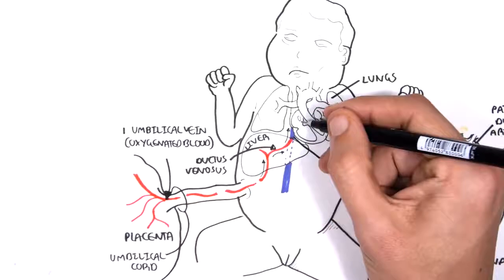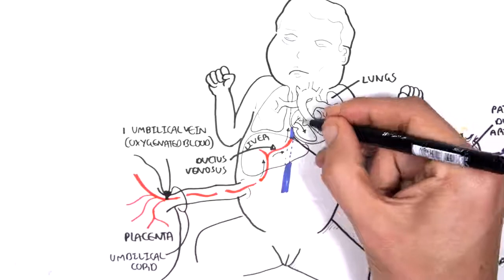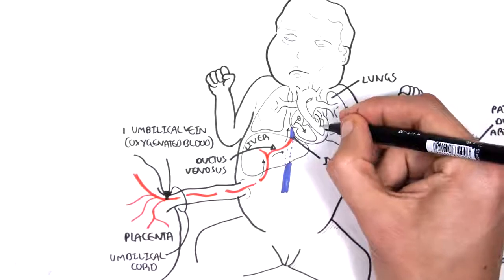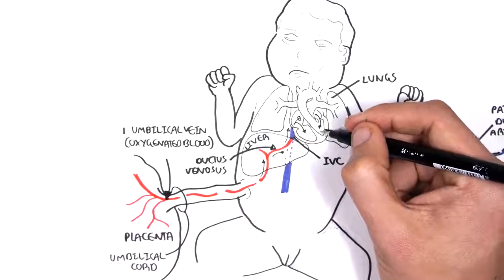The inferior vena cava that is about to enter the right side of the fetal heart now will contain partly oxygenated blood and partly deoxygenated blood. And so this blood will enter the right atrium and then either go into the right ventricle or it will go through the patent foramen ovale into the left atrium, bypassing the lungs.